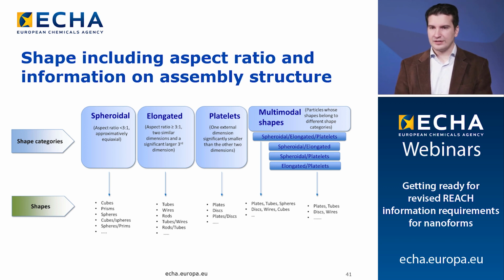So this could include, for example, particles that have both spheroidal and elongated shapes within the same particle, and different combinations of these. An important thing to emphasize is that such multimodal shaped particles should be the result of a single manufacturing process, rather than taking different shaped particles after the manufacture is complete and mixing them together.